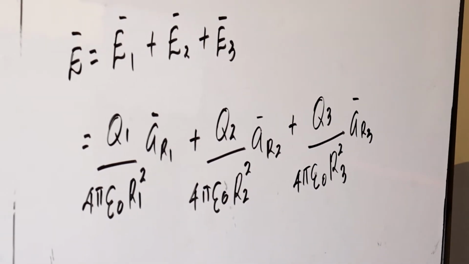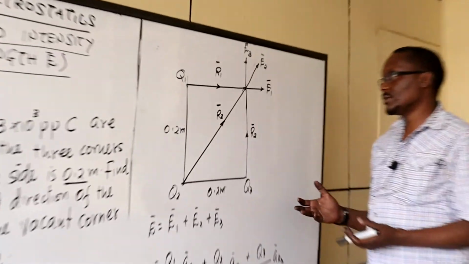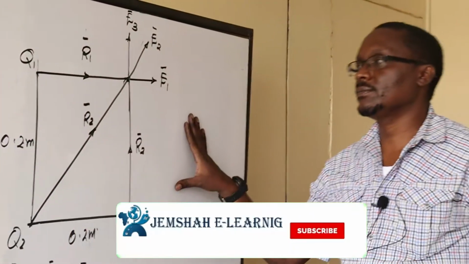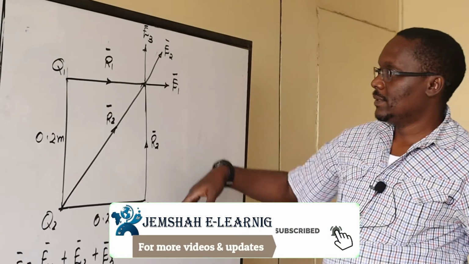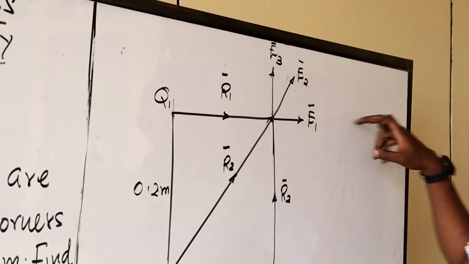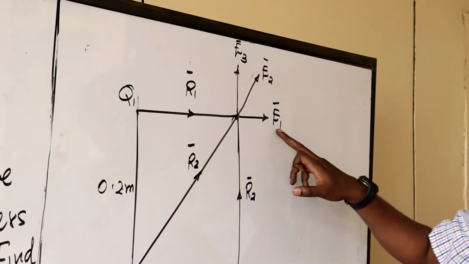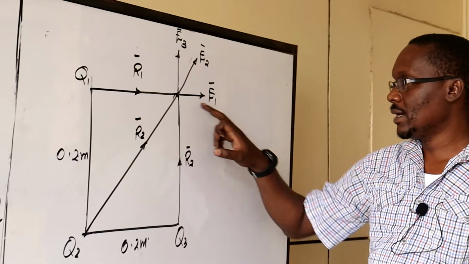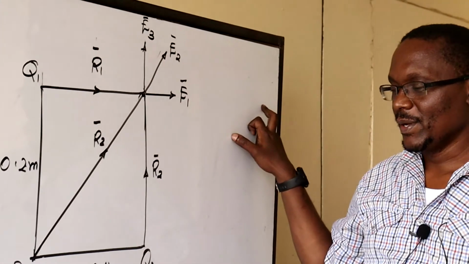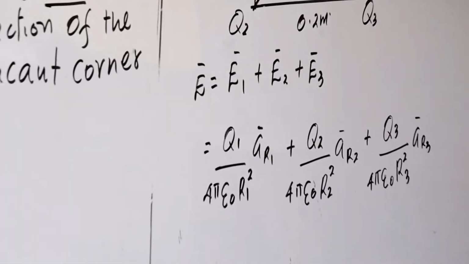Like that. Again, if you are very keen, if you assume that this is also a Cartesian coordinate system, and the vertical axis is our y-axis, the horizontal axis is our x-axis, then we are able to see that the electric field strength due to Q1 is along the x-axis. So this unit vector can just be represented as AX, and the one along the what?